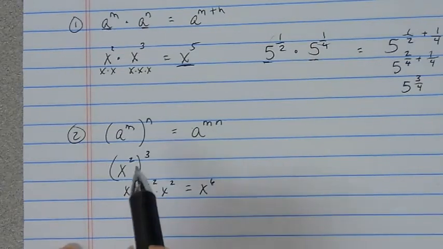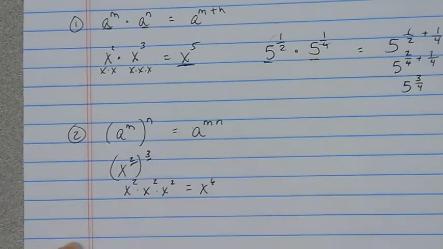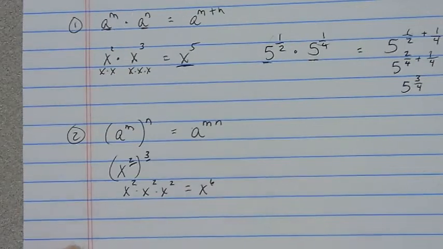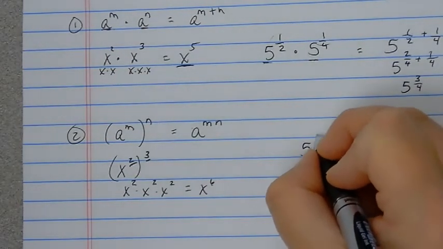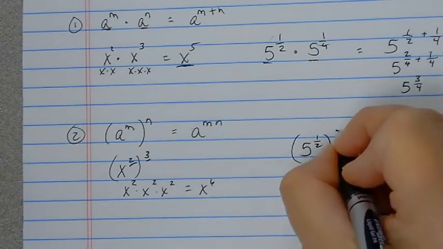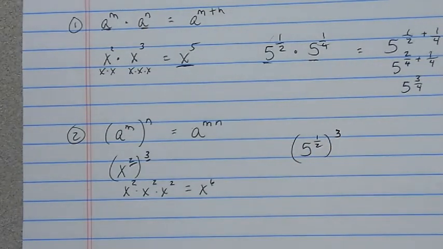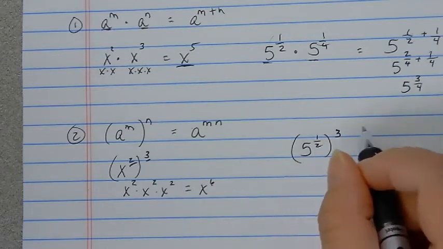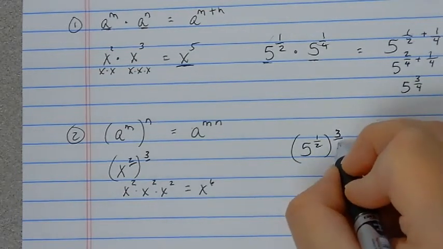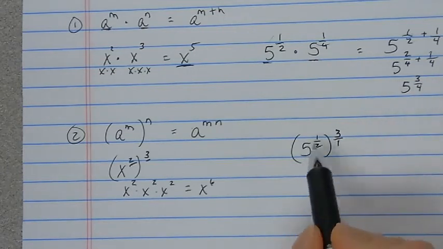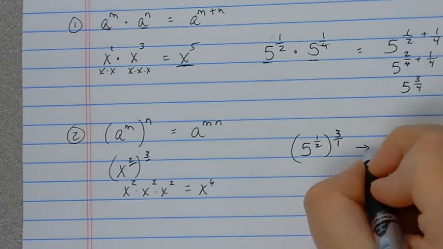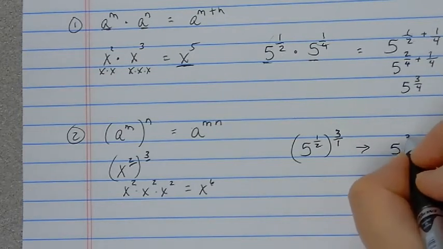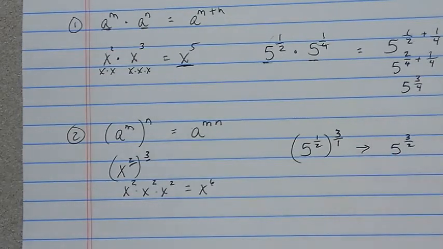So we know that we're going to multiply the power and the power. Let's do one where it's a fraction: 5 to the 1/2 power cubed. This is just a reminder on how you multiply fractions. When you have a fraction times a number that's not a fraction, you can make the number over 1. And when you multiply fractions, you multiply the numerators together and the denominators together. So this would be 5 to the 3/2 power.